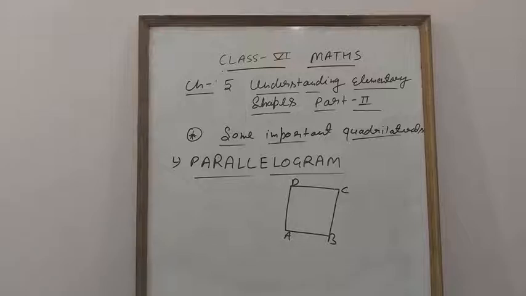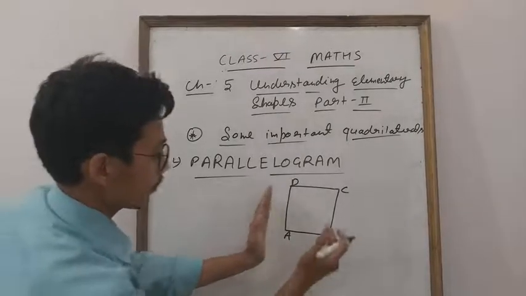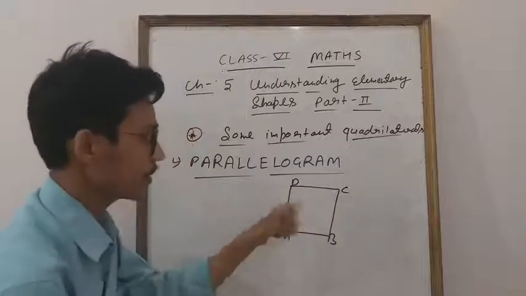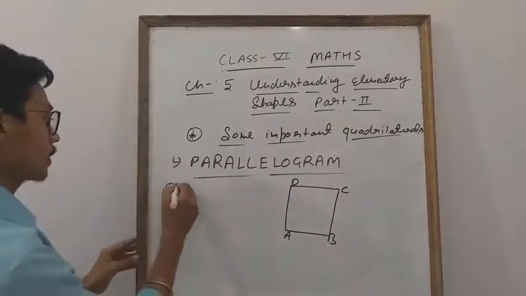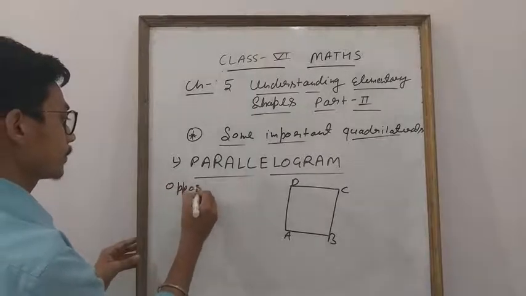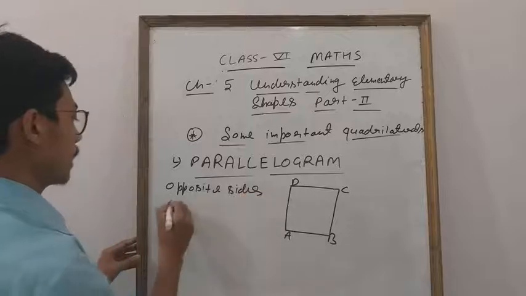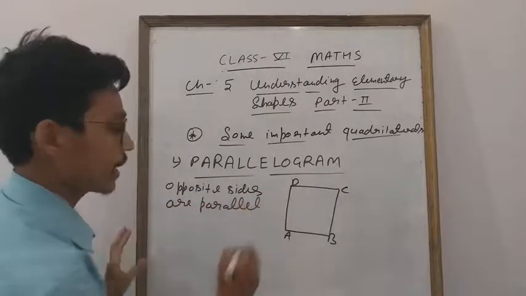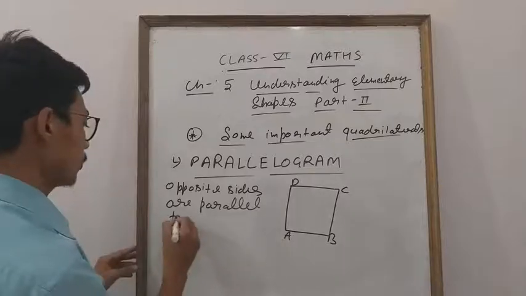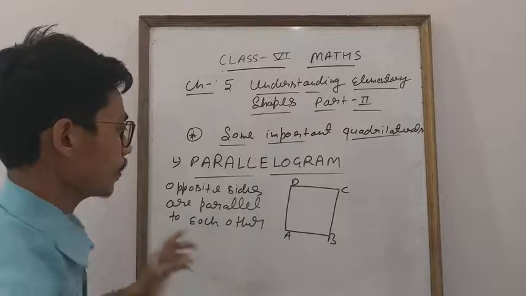What is the property of the parallelogram, students? The property of parallelogram is that this part is parallel to this part, meaning they will never meet each other. Write down: opposite sides are parallel to each other. What is the meaning of this?